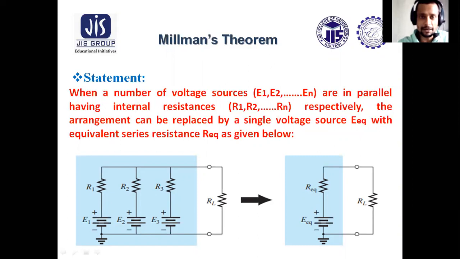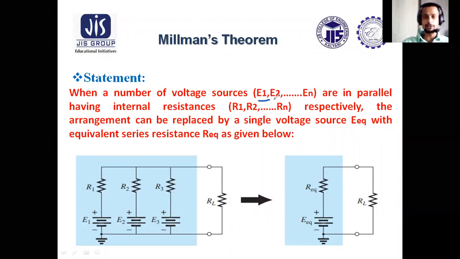See, it is mentioned here, when a number of voltage sources E1, E2, E3, up to En are connected in such a combination, all in parallel, and all these voltage sources have some internal resistance.